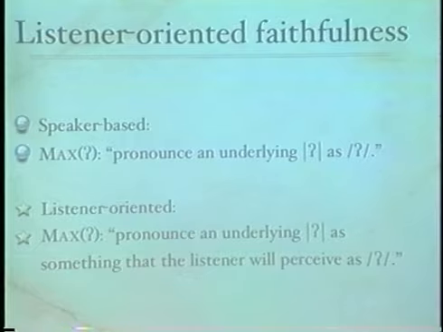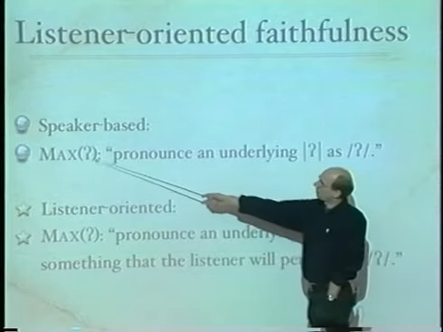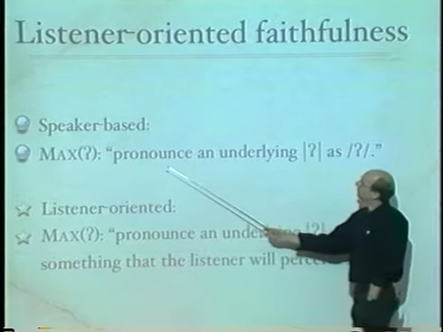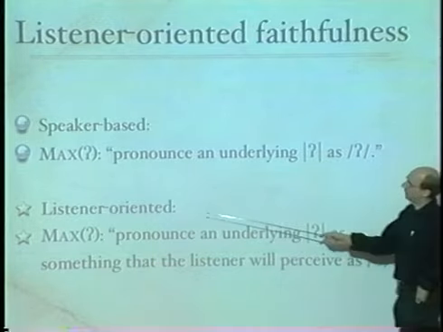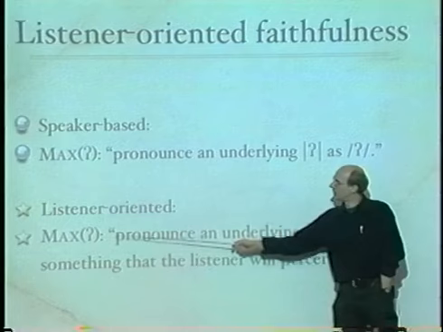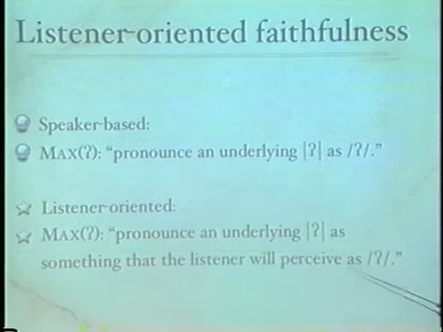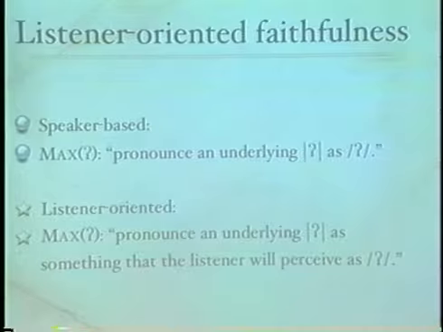And the problem is in the faithfulness constraints. The faithfulness constraints are speaker-based. So MAX glottal stop means pronounce an underlying glottal stop as a glottal stop. A listener-oriented version of this constraint would be pronounce an underlying glottal stop as something that the listener will perceive as a glottal stop. Now that's very different.